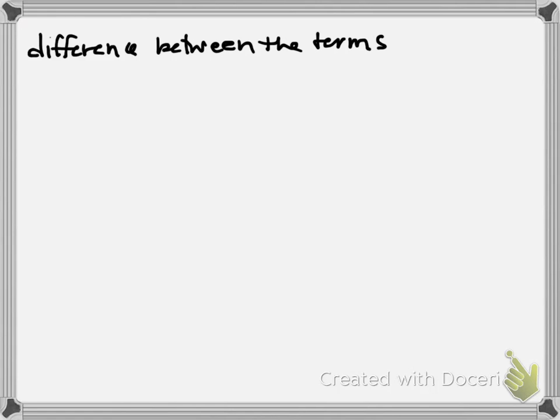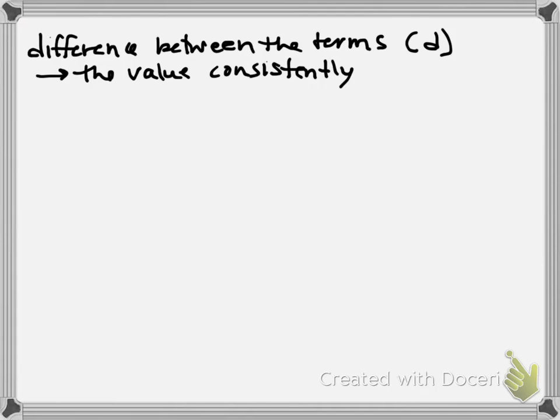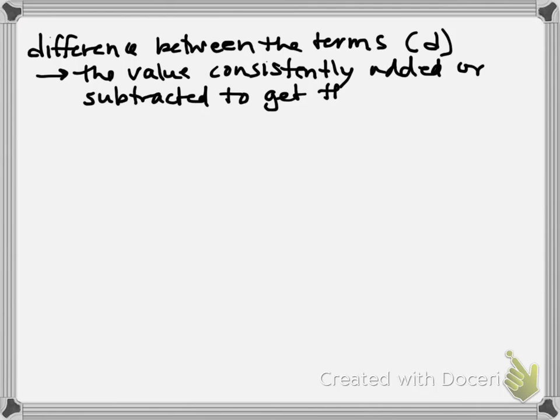So the difference between the terms gets the letter D, and that's the value consistently added or subtracted to get the next number in the sequence.